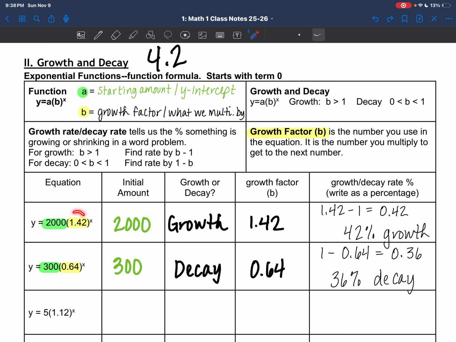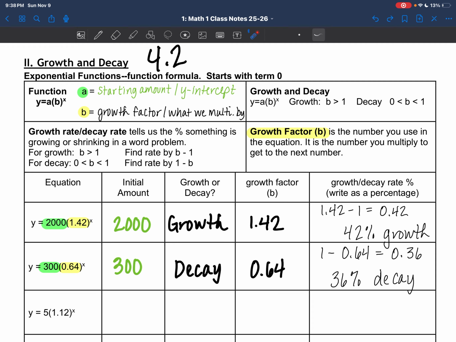Your growth factor is everything in the parentheses, which is 1.42. To figure out how much you're growing by, we take our total minus 1, and that gives us 0.42. Remember, to get to the percent, you have to move this 2 spaces. So we'll have 42% growth since this is greater than 1.